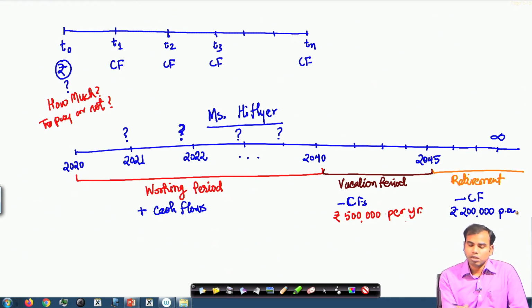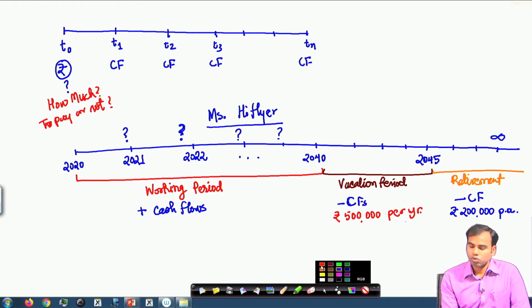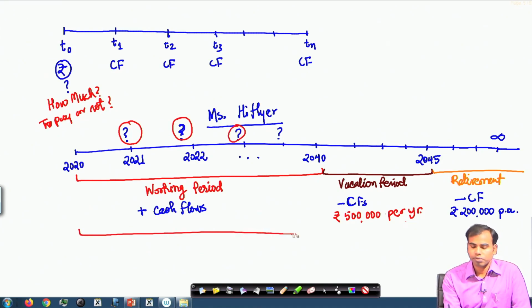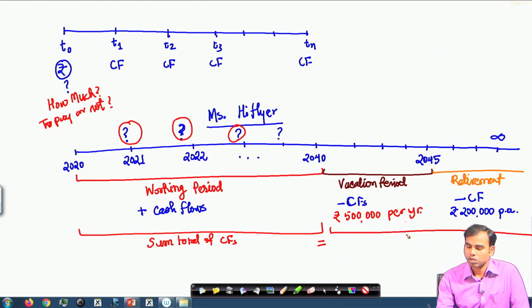You have to tell how much money she is going to invest every year, so that the sum total of all cash flows should be equal, so basically these are positive cash flows and these are negative cash flows.